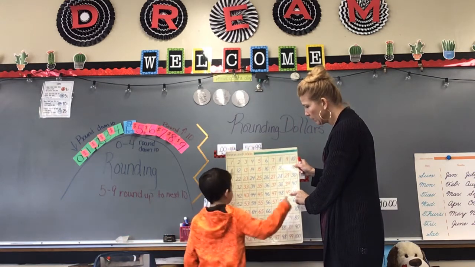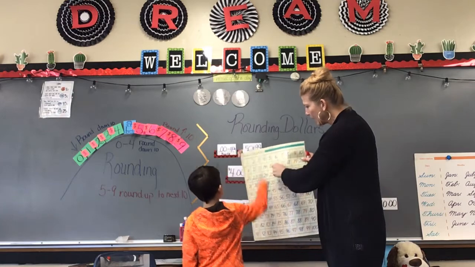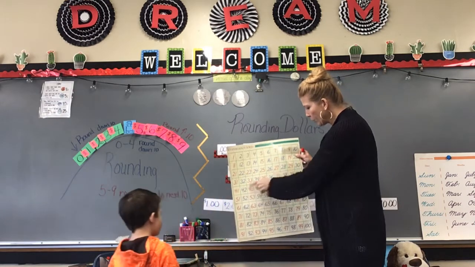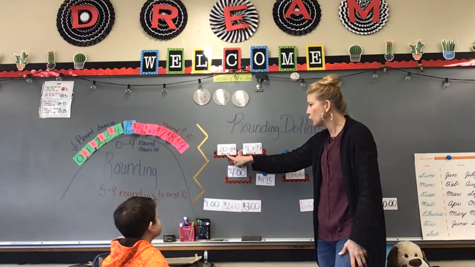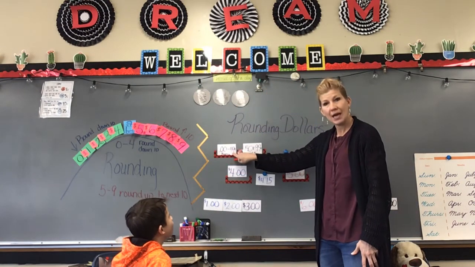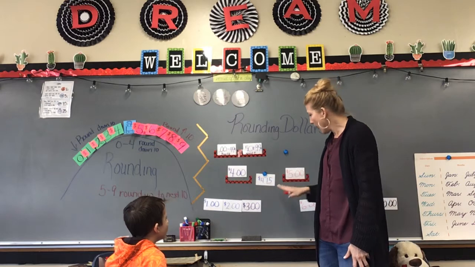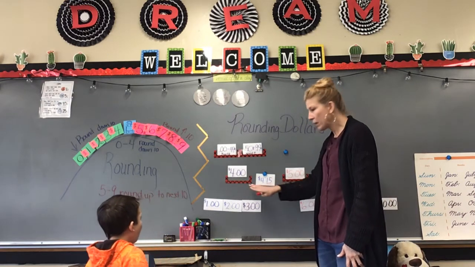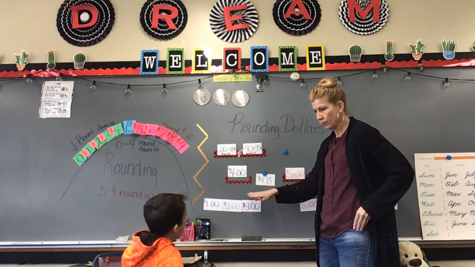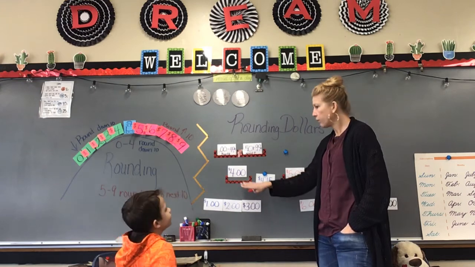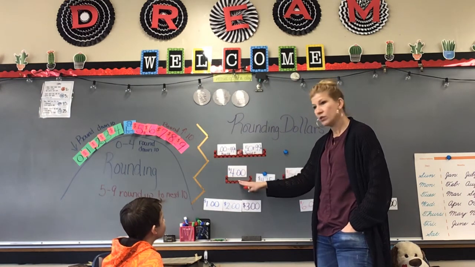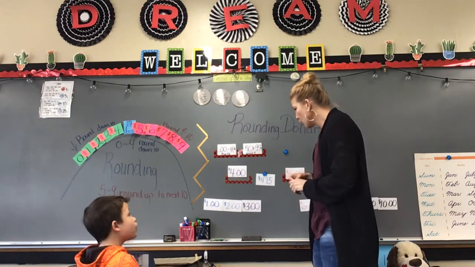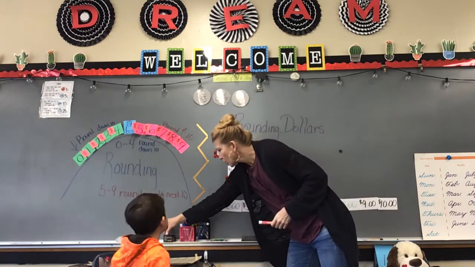All right, so it is in here between 0 to 49, which means, according to my rule, that I have to round down. So I can't choose $5. What's my smaller dollar? $4. So on your paper today, you should have chosen $4, and you are to circle it.